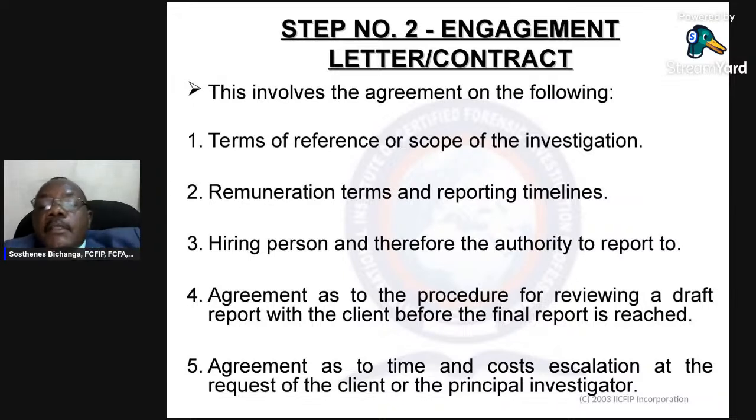However, the investigator must never guarantee specific results, such as an amount of currency, in the contract letter. This means that in the contract letter, the engagement team is not supposed to say that through their investigation they are going to recover a certain amount of money, or guarantee that they will recover $2 million, for example.